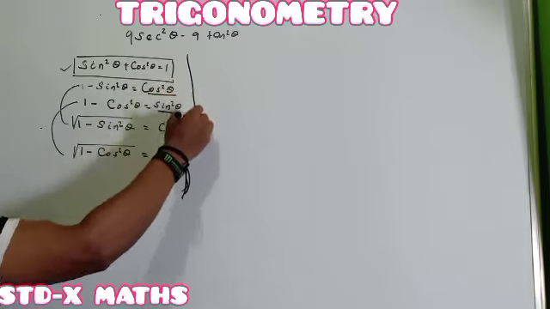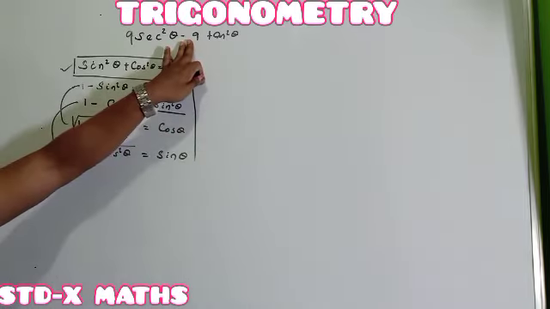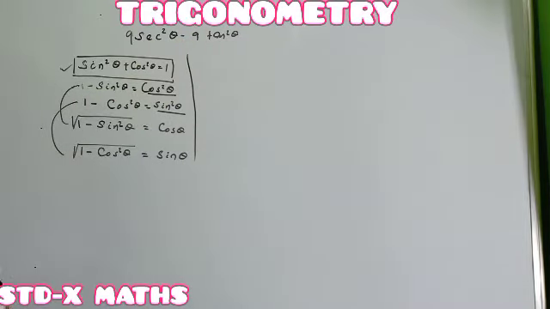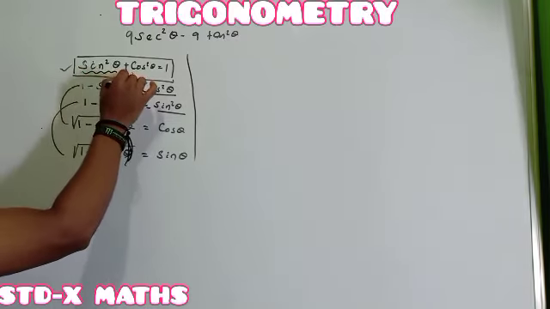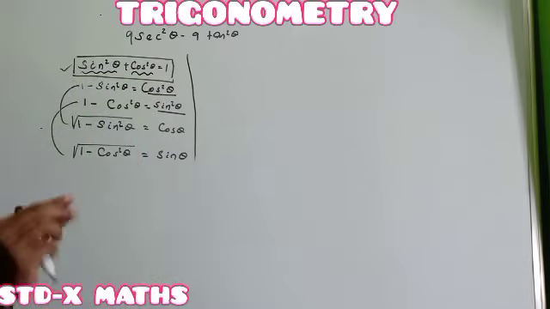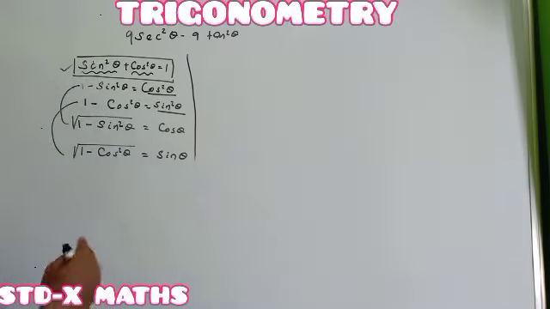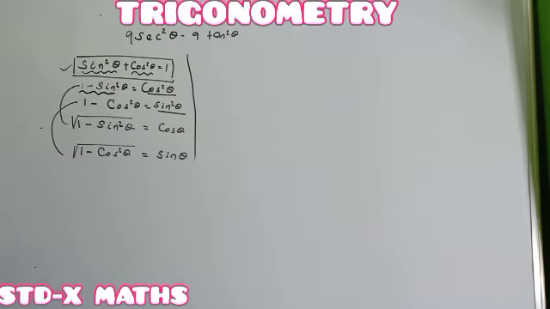Why did I say 5 forms? Listen, whenever in any question you have to solve or prove LHS equals RHS, and anywhere you get sin square theta plus cos square theta, always put the value 1 in its place. Whenever you get 1 minus sin square theta, don't miss the chance of putting cos square theta.